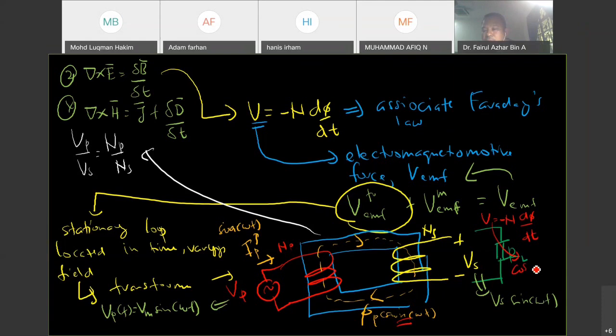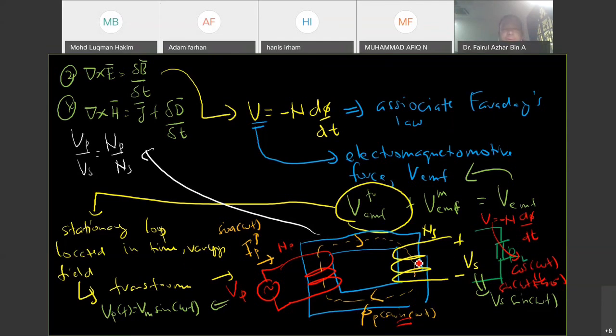The cos omega t can also be replaced by sine omega t plus 90 degrees. Because of this, whenever we have the flux, the source of the field, in a sine function, definitely we will have the voltage here, what we call the transformer electromotive force, also in a sine function.